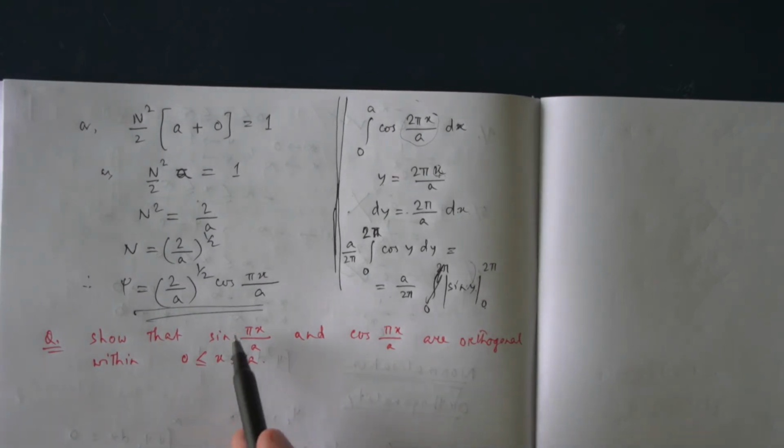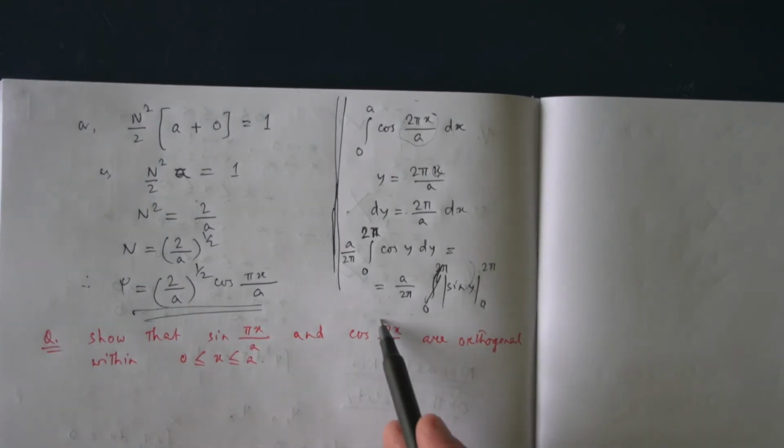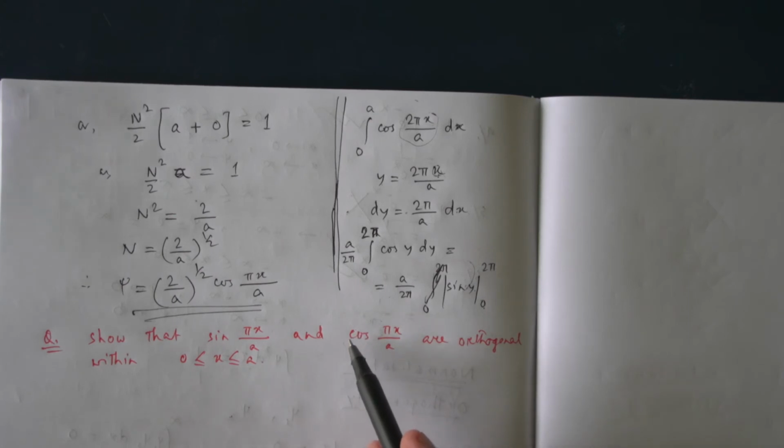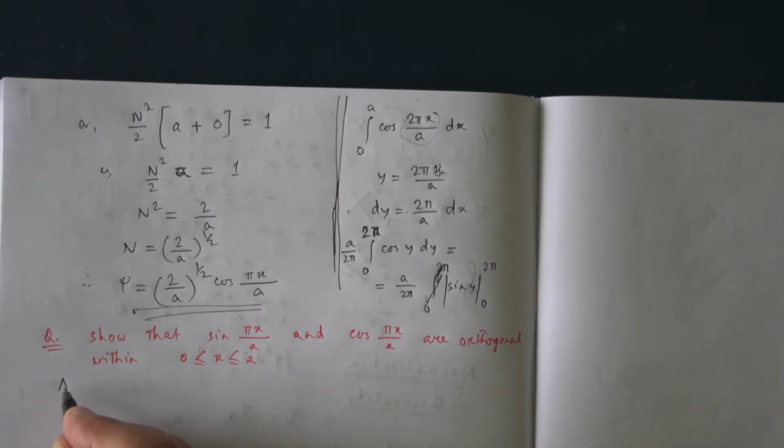Once again, psi 1 equal to this, psi 2 equal to this. So orthogonal means, so what will be the solution?